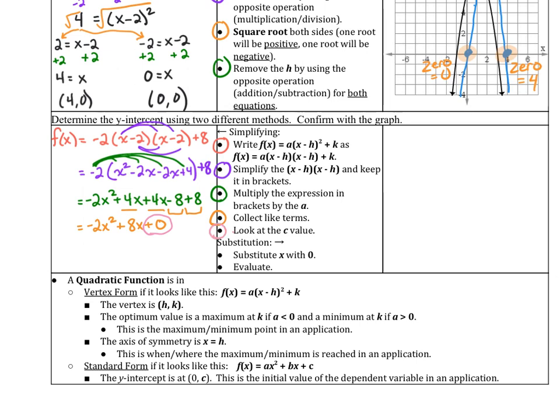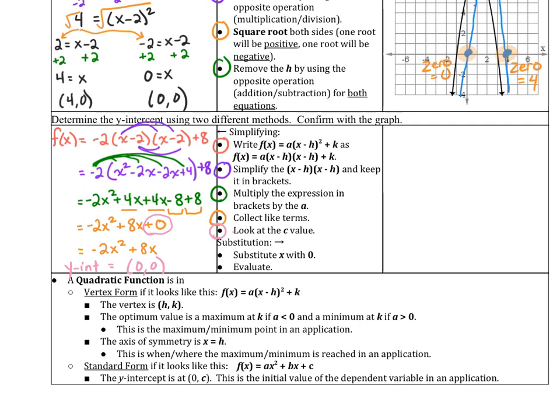That is the c value, the constant in standard form. The c value is where the y-intercept is. So when you write this out, you don't actually write the 0, you just need to know that the constant term is 0, so that is the y-intercept. So the y-intercept is at (0, 0). That's the first thing that you can do to solve for the y-intercept.